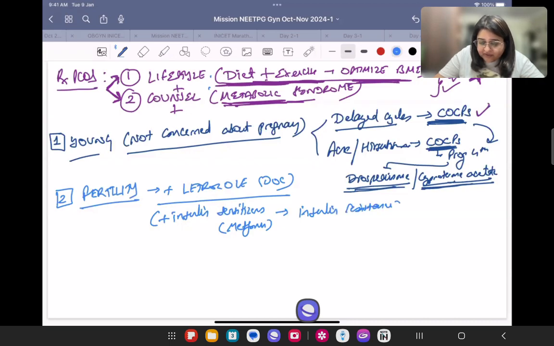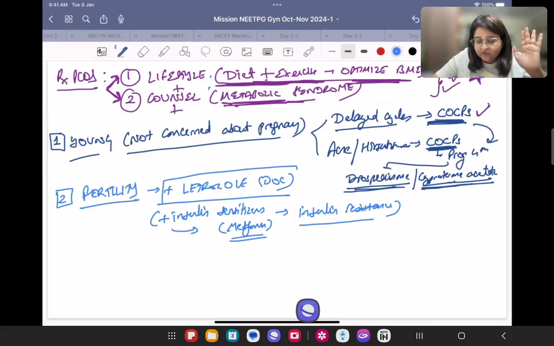So not in all women. Those women who have insulin resistance, adding metformin to her ovulation induction regime sometimes improves the outcome. So this is not the first line. This again is a second line thing in women who have resistance. So your drug of choice is going to be primarily letrozole.